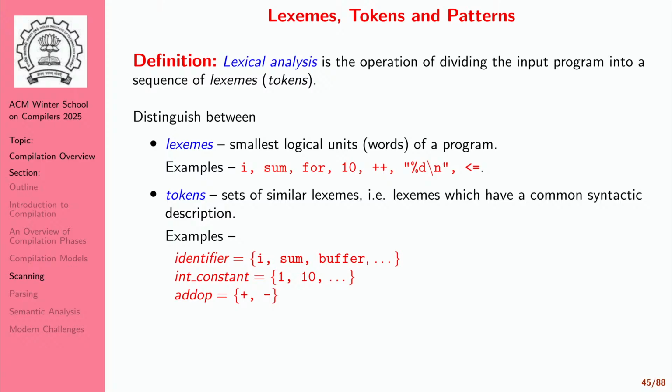Parser simply says I have this token called identifier. It is the semantic analyzer which will bother about which lexeme it is. And why do you think semantic analyzer should bother about it? Any guesses? I said parser doesn't bother about which variable it is, but semantic analyzer bothers. Why?